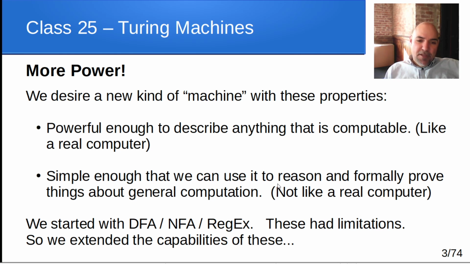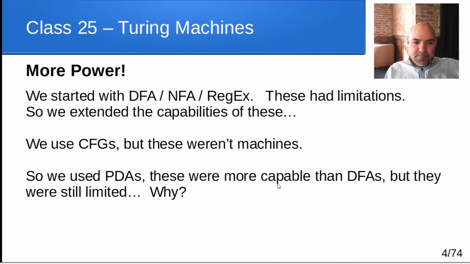So we started with DFAs, NFAs, regular expressions. They had limitations. We extended the capabilities of those, and we eventually got to context-free grammars, but those weren't machines, so we added push-down automata, which could represent any language that a context-free grammar could represent, but they were still limited.